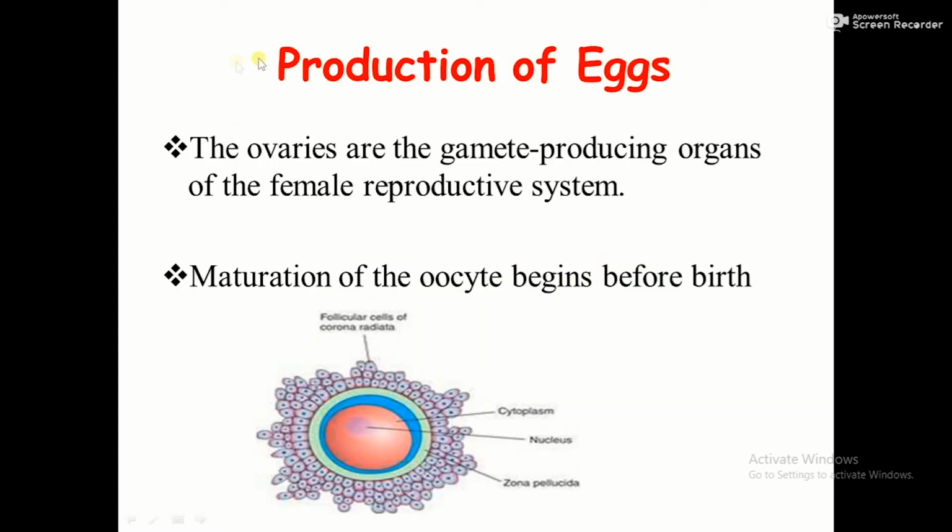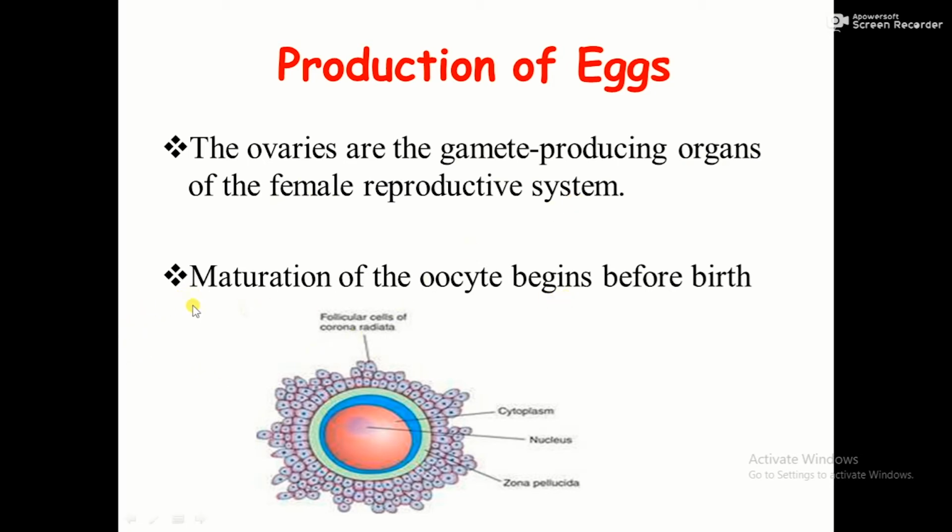So let's come to the production of the eggs in the female. We need to know the location or the organ that forms the eggs, or let's say ovums. The ovaries are the gamete-producing organs in the female reproductive system.